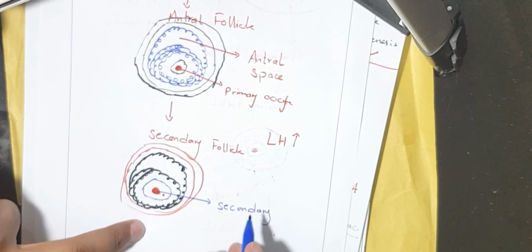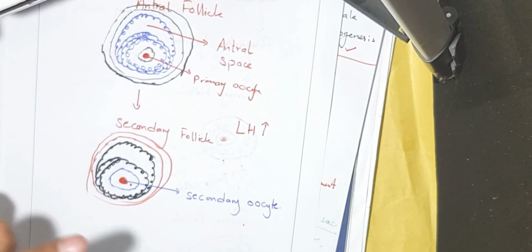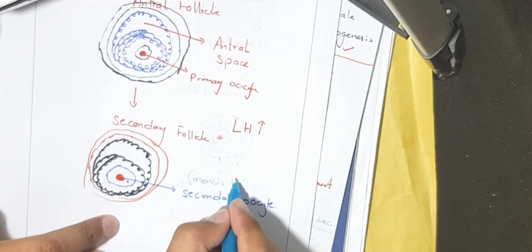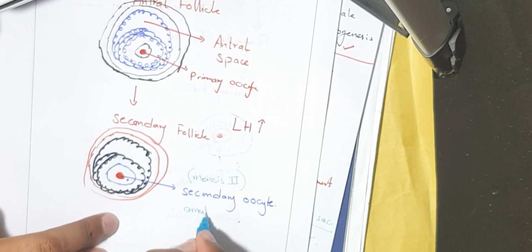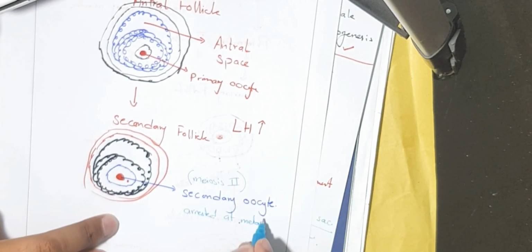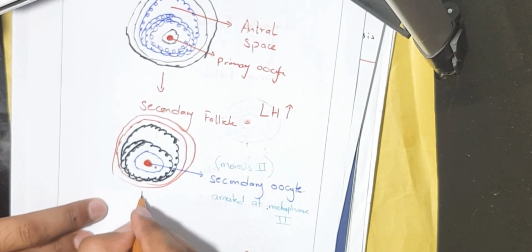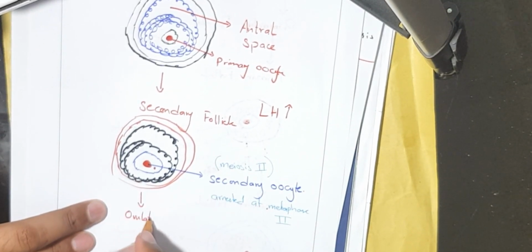Now this primary oocyte will change into the secondary oocyte by undergoing meiosis 2. But it will not complete meiosis 2; it will be arrested at metaphase 2. Okay, so this was the result up till now.